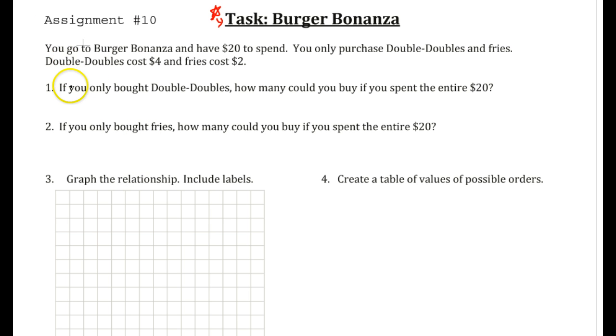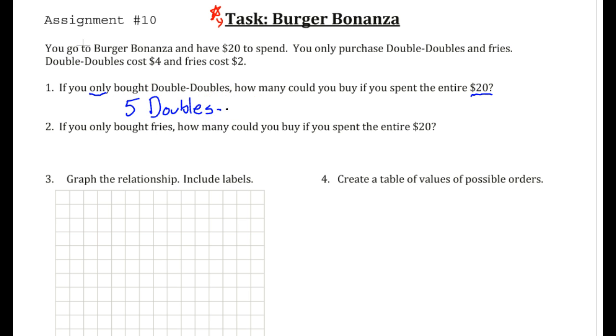Okay, so if you guys have answers, just go ahead and shout them out as I go over them. So if you bought only double doubles, nothing else, no fries, how many could you buy if you spent the entire $20? Okay, so you'd say 5 double doubles.